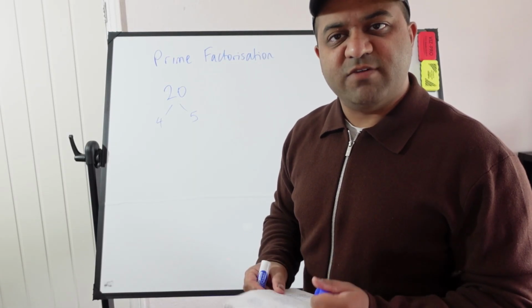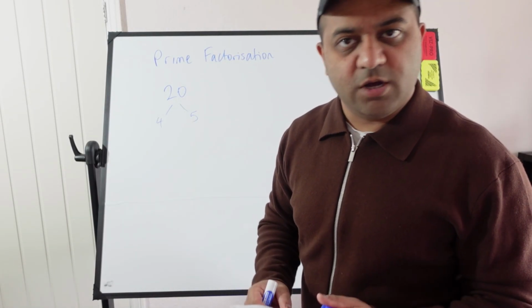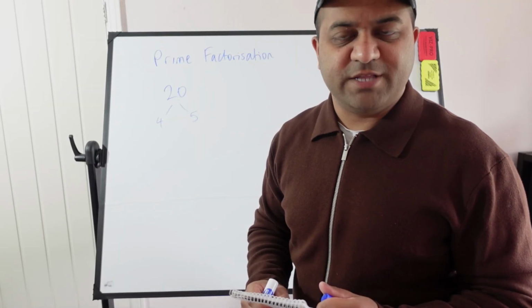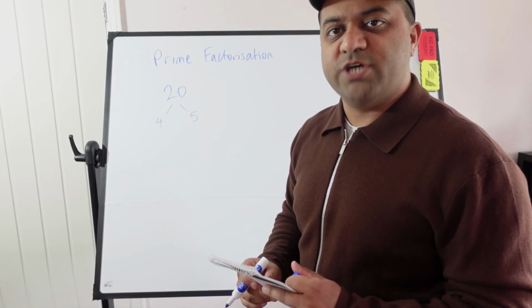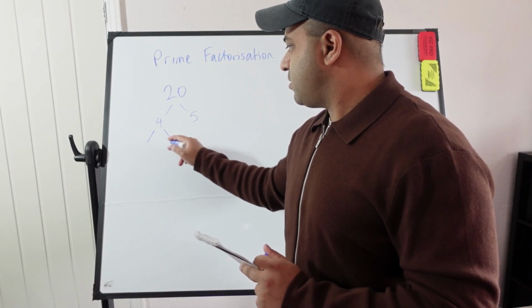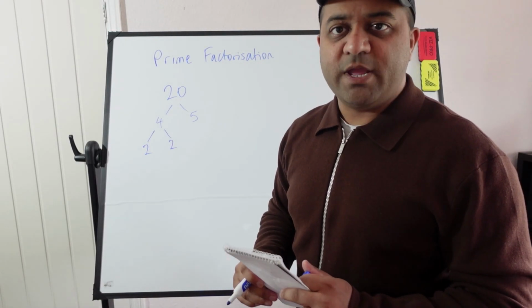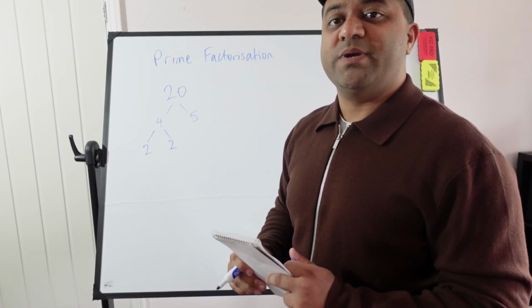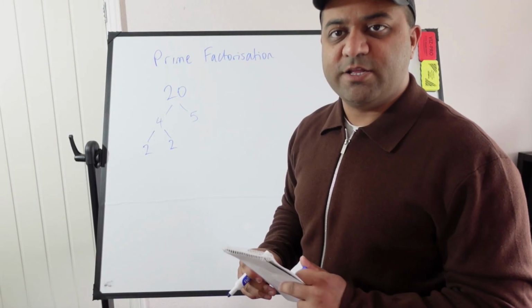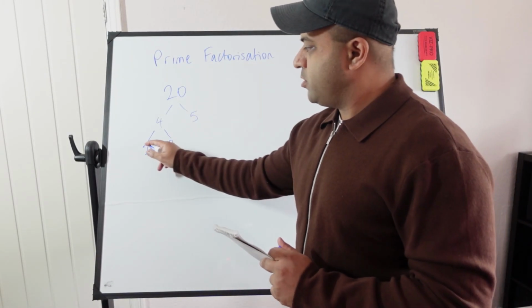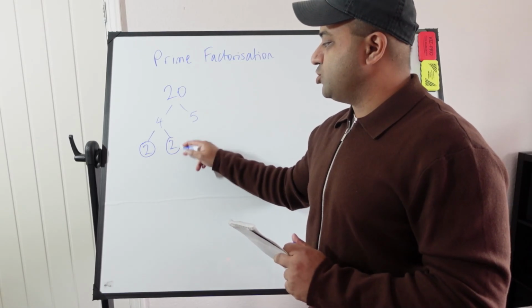Now the number 5 is a prime number, but the number 4 is not. So we can further break down the number 4 into 2 times 2. Now on the end of each branch we have prime numbers, which we can then multiply together to create 20. So 2 times 2 times 5.